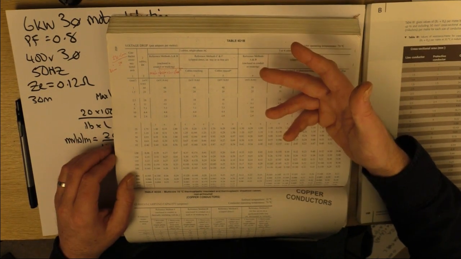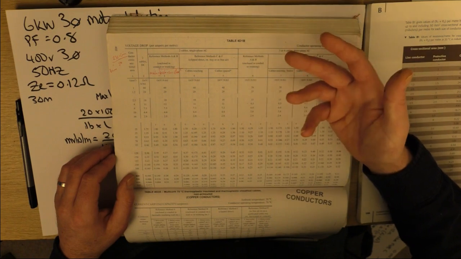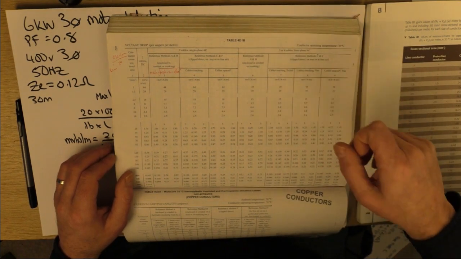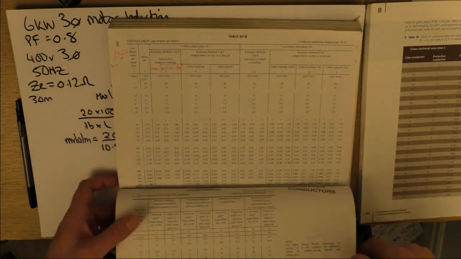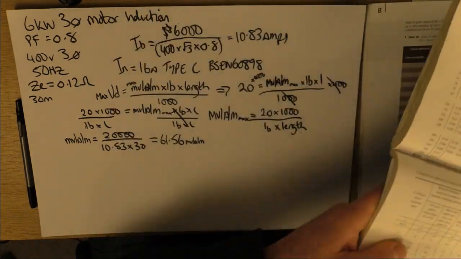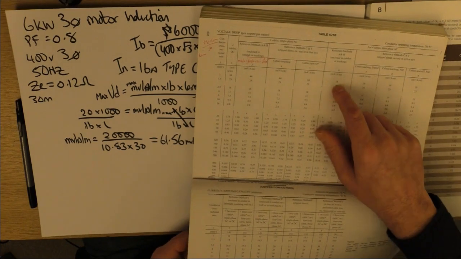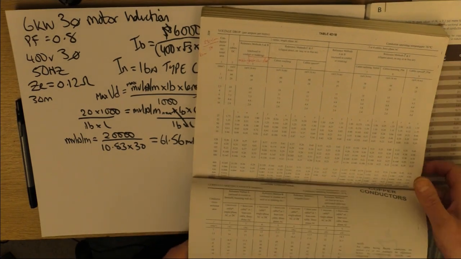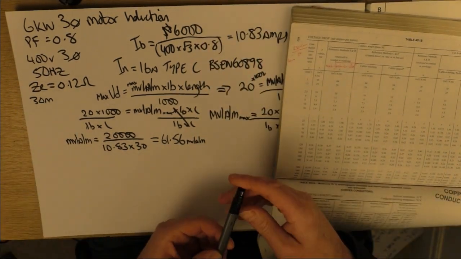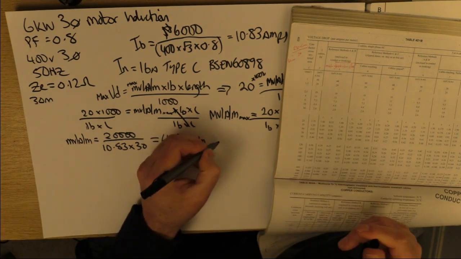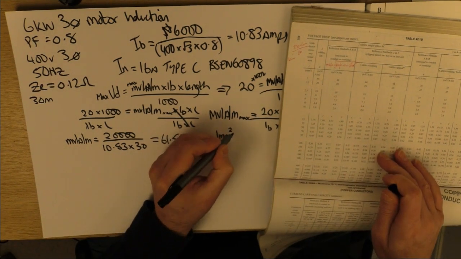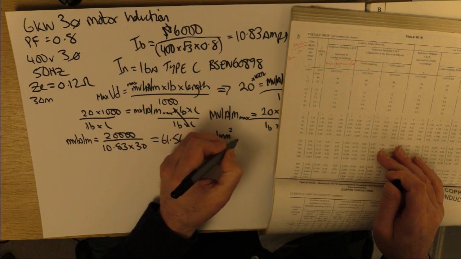But we've already done this in the last one and it came out as 4 mil. So we know that's not going to work, but I'll show you how we prove that. So we said we're going to go for 1 mil. Let's just write that down. So 1 mil would comply with volt drop. Check.